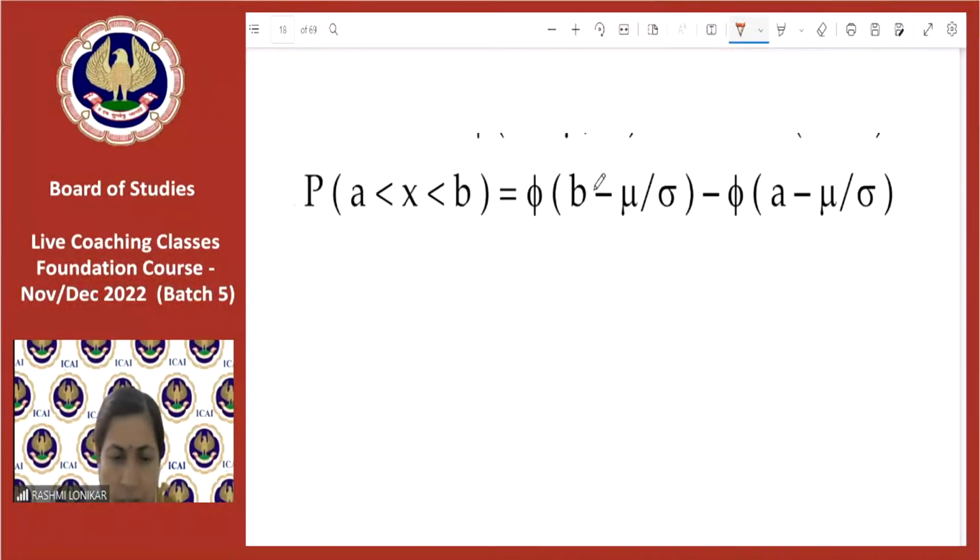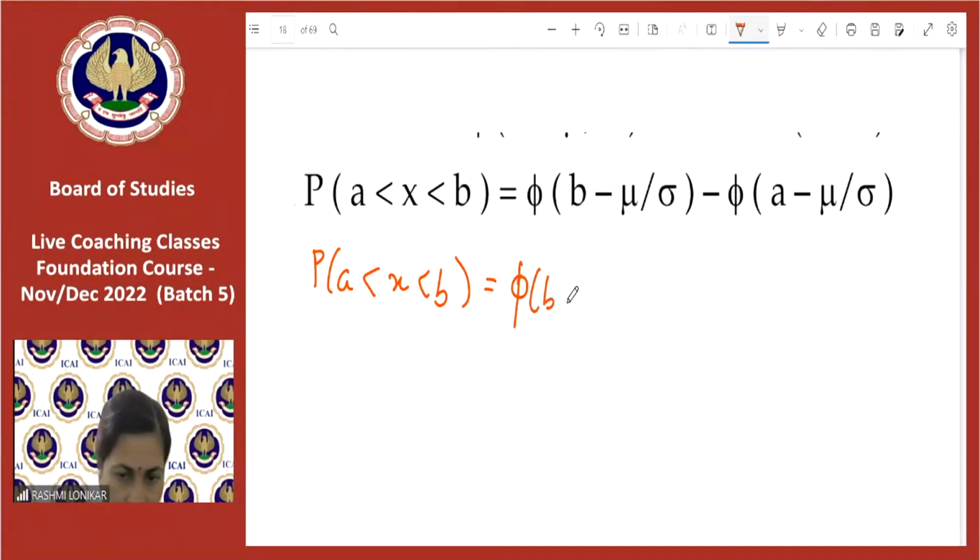Now, another very important thing that you use in solving the sums is when they will give you a range, x lies between A and B, then you will find out first the value of phi of B minus mu upon sigma. Okay, and from this you will minus phi of A minus mu upon sigma.